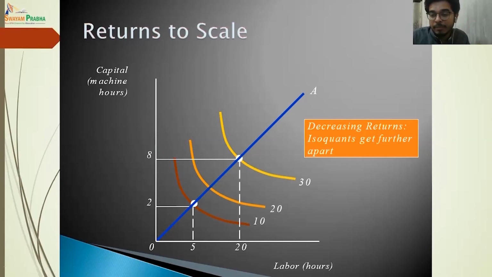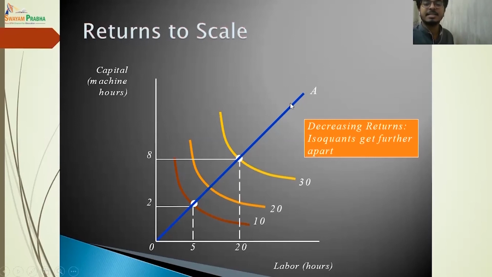But we have observed that it is not going to 40. Even if we multiply the labor and capital by 4, our output has only reached 30. So 30 is associated with 4 times labor and capital because of inefficiency of someone, the management, the employee or certain other factors, and hence 40 will be somewhere here.